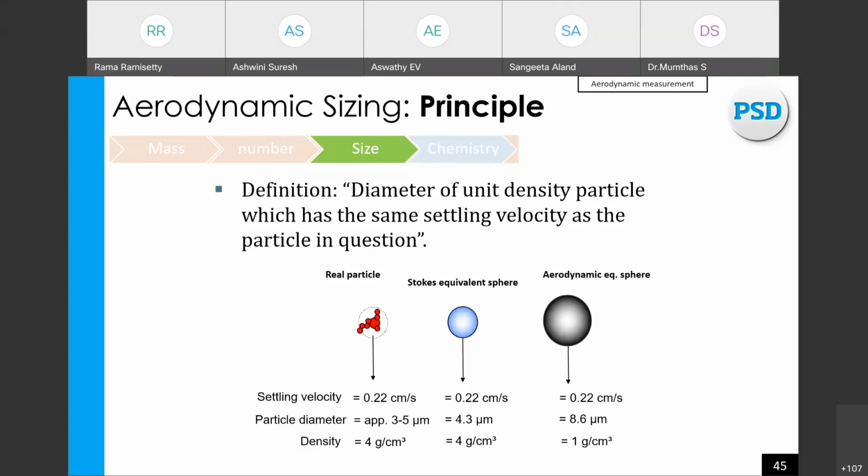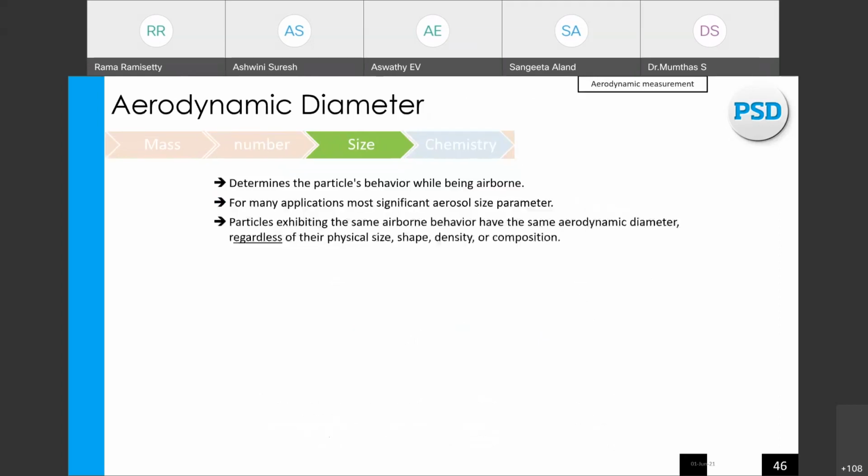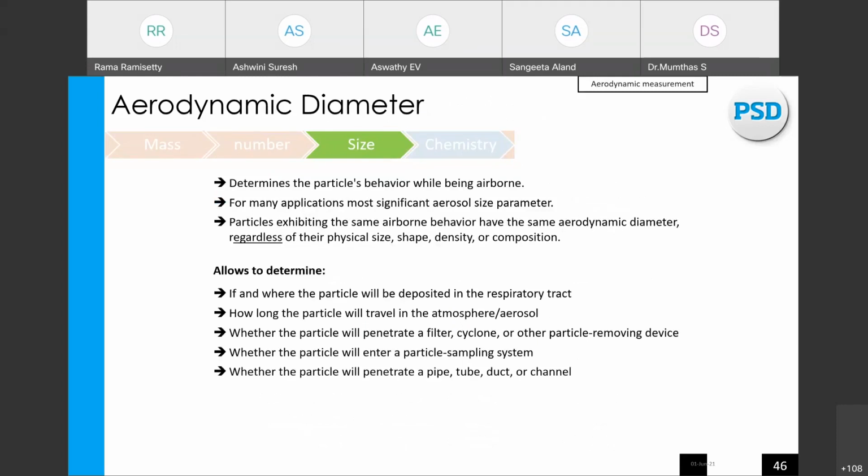All the particles in the atmosphere, when you are measuring for any air quality studies, follow the aerodynamic path. So it is more appropriate to measure aerodynamic diameter instead of optical diameter or any other diameters. That will give you more accurate results than other technologies.